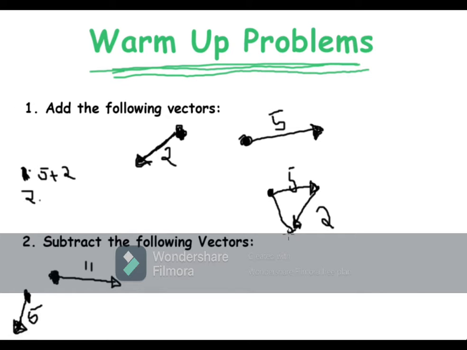Then connect the tail to the head to get what 5 plus 2 is, which is 7. So the answer is 7, pointing down that way.